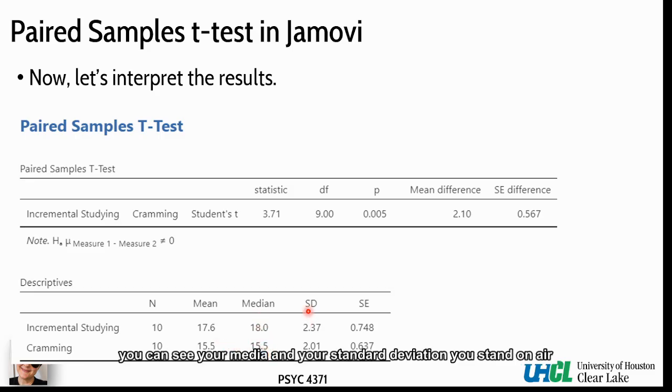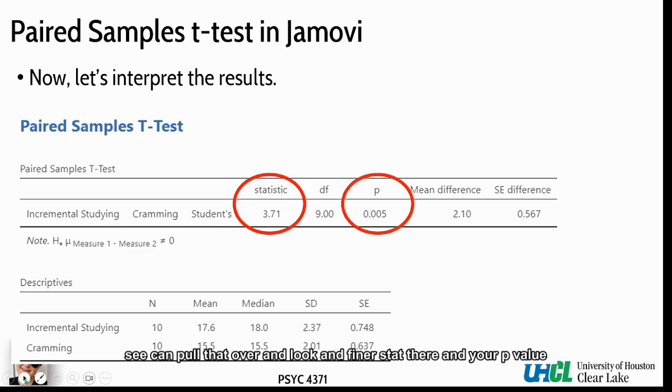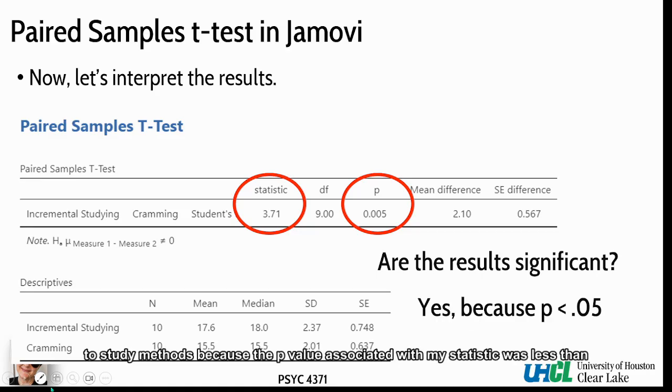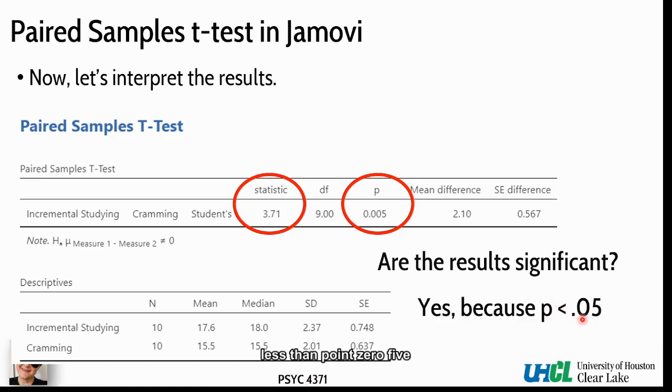You can see your median, your standard deviation, your standard error. So you can pull that over and find your stat there and your p-value. And based on that, I can determine that the results were significant. There was a significant difference between the means of these two study methods, because the p-value associated with my statistic was less than 0.05.